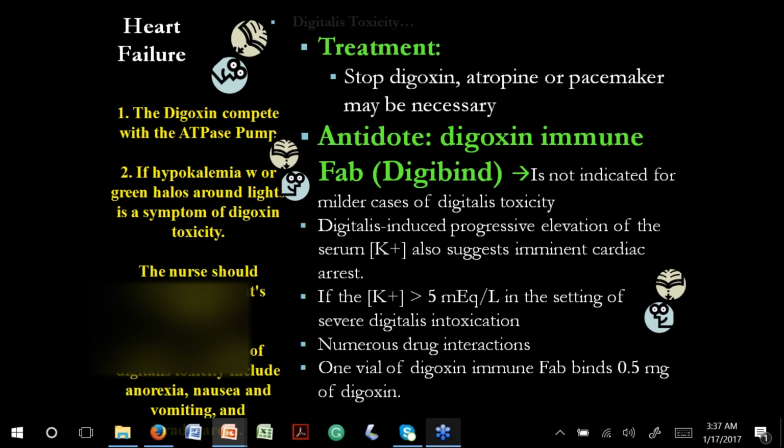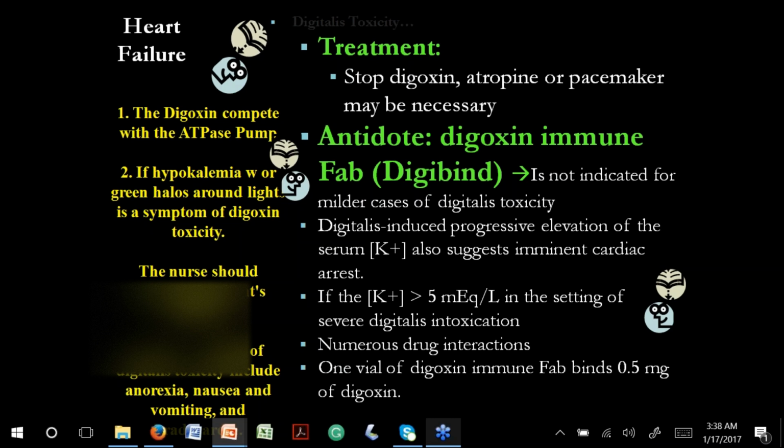When you have digoxin toxicity, the digoxin has a very high affinity for the receptors, so the potassium trying to get inside of the cell is going to be totally blocked.